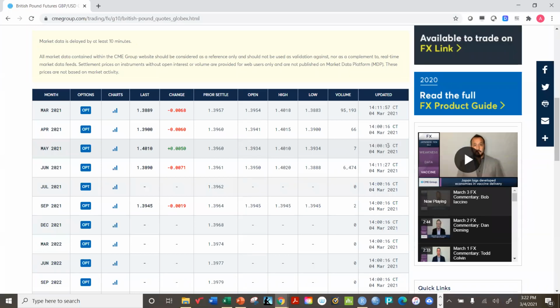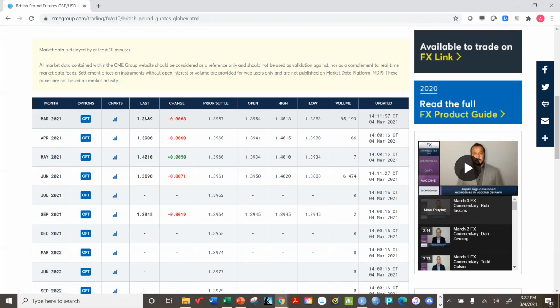And the volume was only seven contracts traded today. Most of the trading is in this contract, which is expiring at the end of this month, 95,000 contracts. But this contract is set up so that I can hedge my risk in British pounds. The price that I'm locking in is 138.89 per pound.